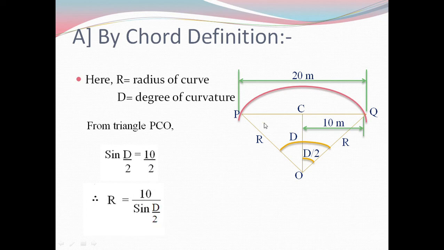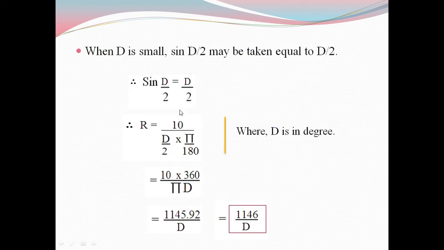The radius R is equal to 10 divided by sine D by 2. When D is small, sine D by 2 may be taken equal to D by 2, since it is very small. Therefore R is equal to 10 divided by D by 2 into pi by 180, where D is in degree.